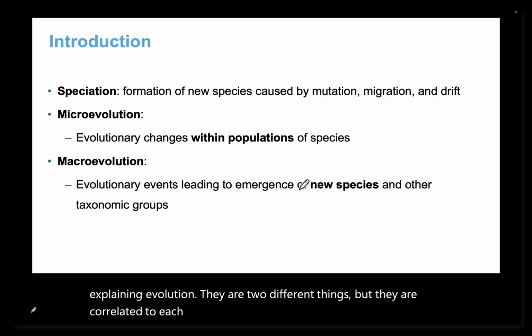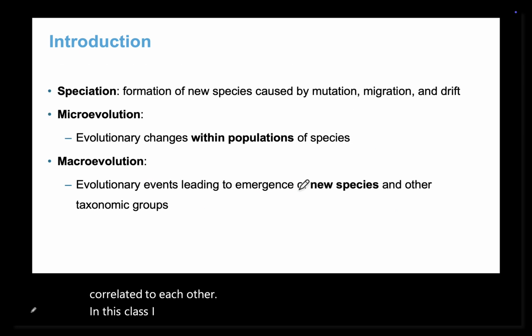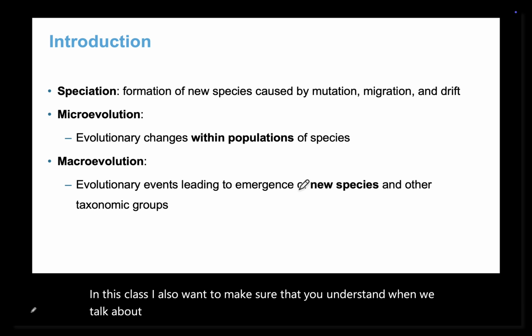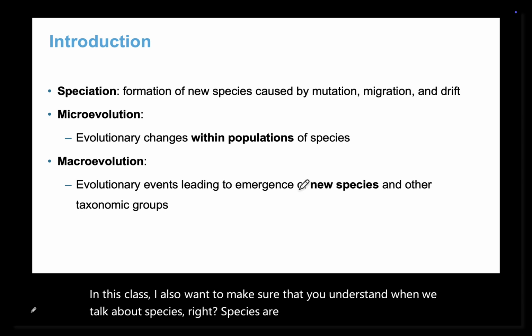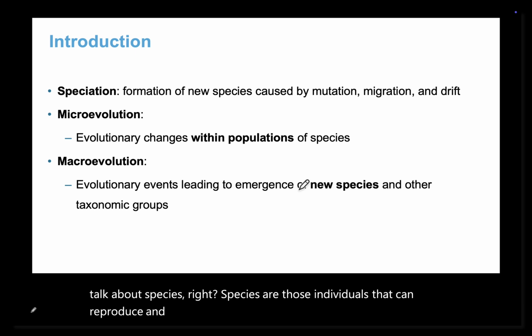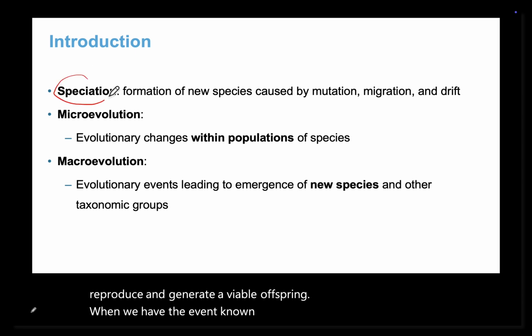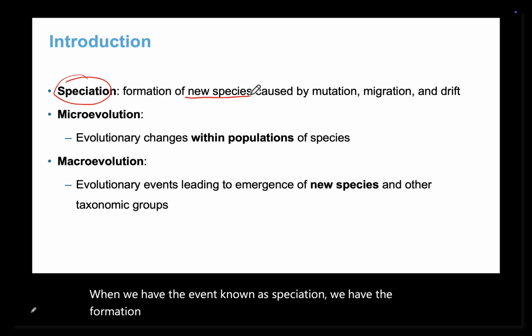In this class, I also want to make sure that you understand when we talk about species, right? Species are those individuals that can reproduce and generate a viable offspring. When we have the event known as speciation, we have the formation of a new species.